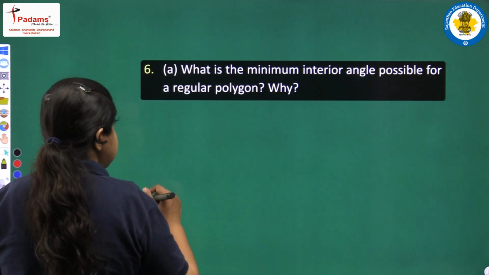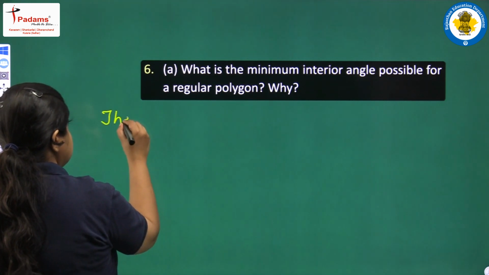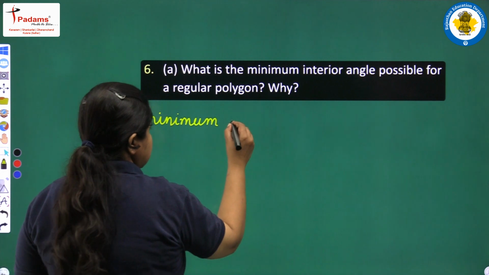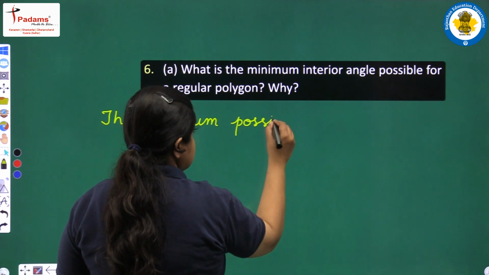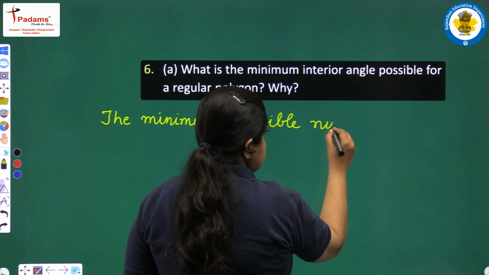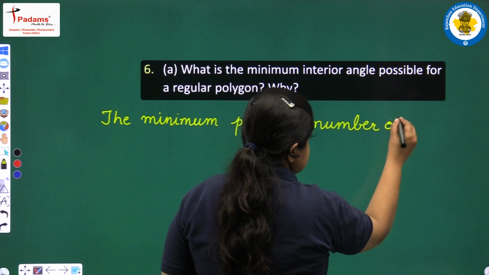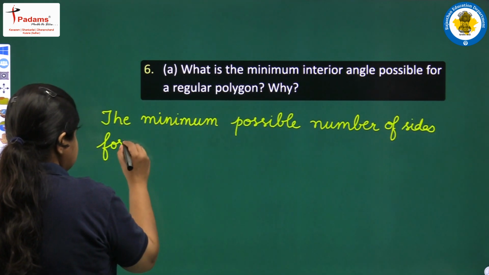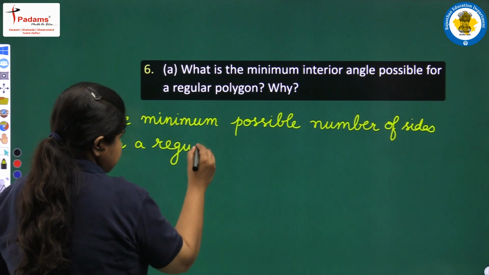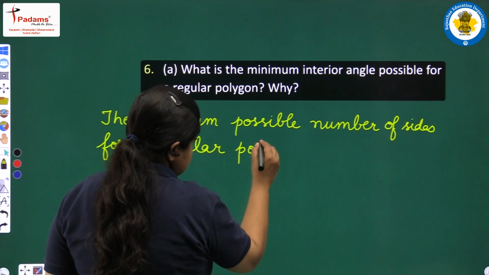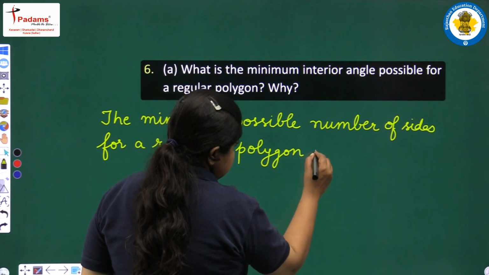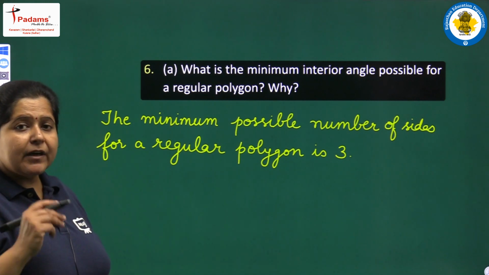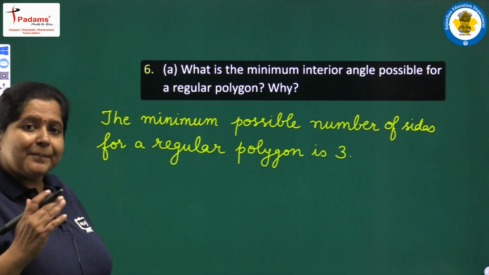Let us first write it. The minimum possible number of sides for a regular polygon is 3, because if we take 2 line segments, then we cannot have a closed figure, and therefore then it won't be a polygon.